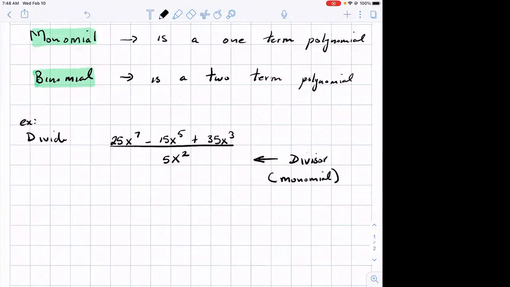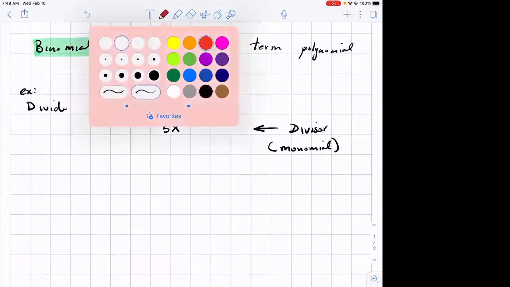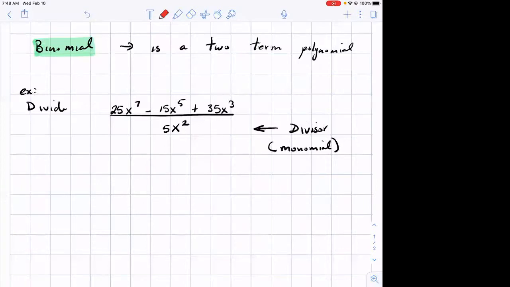And it makes a big difference to observe this, okay? Because whenever your divisor is a monomial, we can rewrite the polynomial and separate it into terms. So this only happens when the divisor is a monomial.